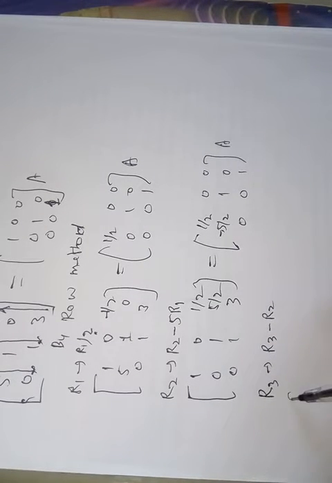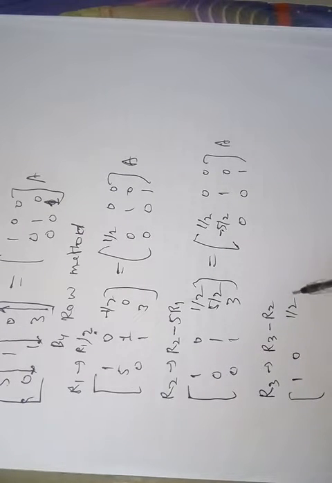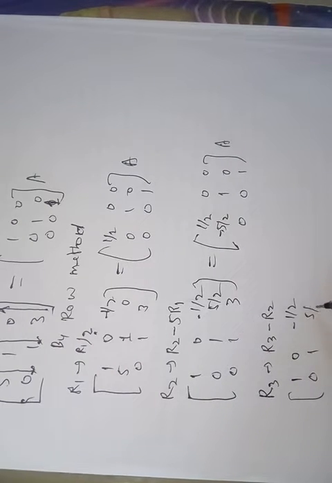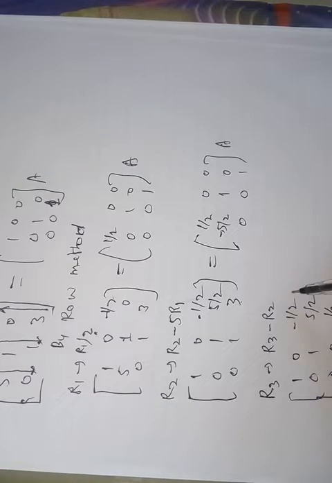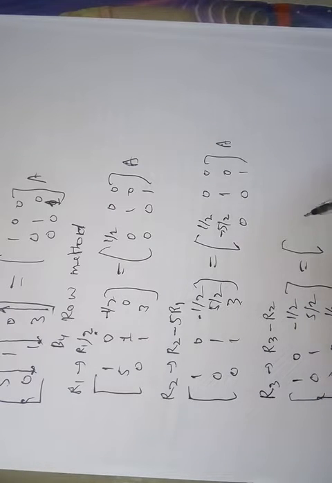The third row becomes 0, 1 minus 1 is 0, 3 minus 5 by 2 is 1 upon 2. On the right side, 1 upon 2, 0, 0, then minus 5 by 2, 1, 0, and the third row becomes 5 by 2, minus 1, 1.